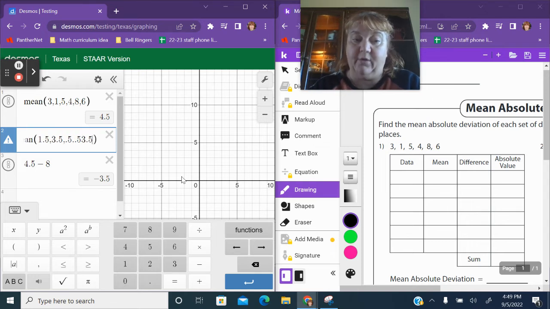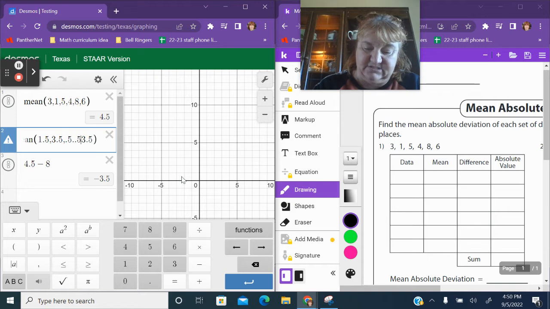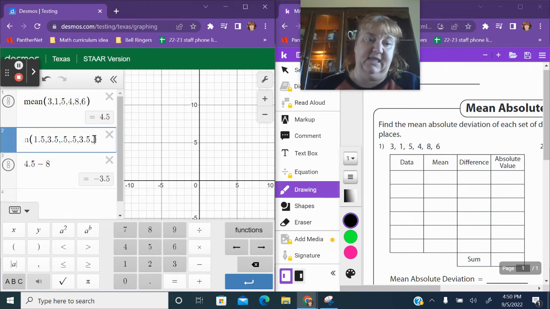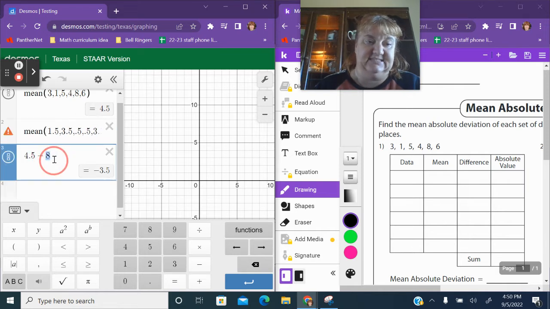Again, don't worry about the negative. Oops, I forgot to put a comma in there, so it looks like 53. There we go. Got to make sure you have that comma. There's my comma. Okay. So 1.5 comma, 3.5 comma, 0.5 comma, 0.5 comma, 3.5 comma, and then we'll put in the 6.